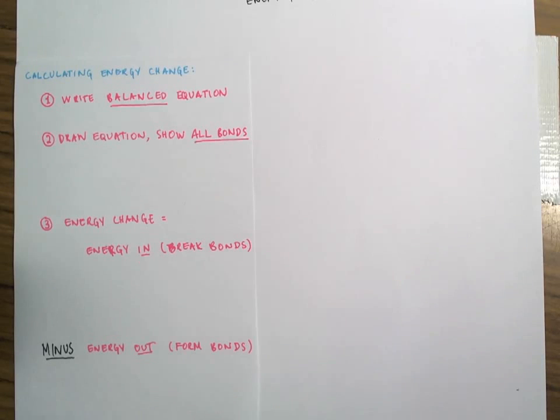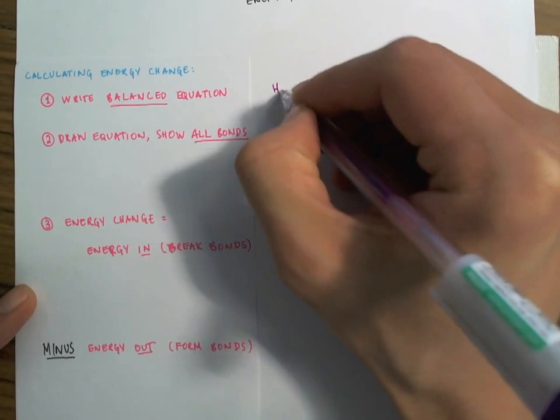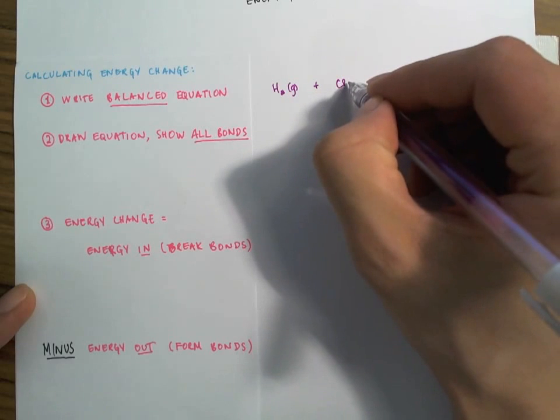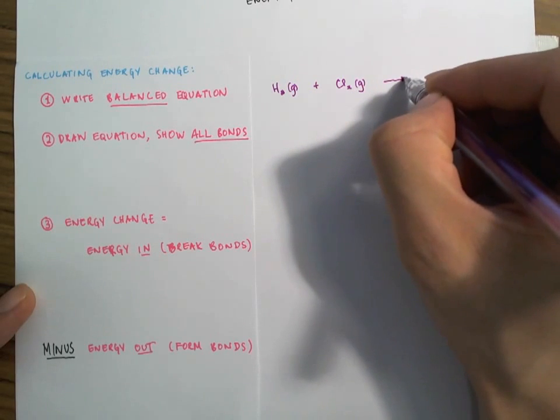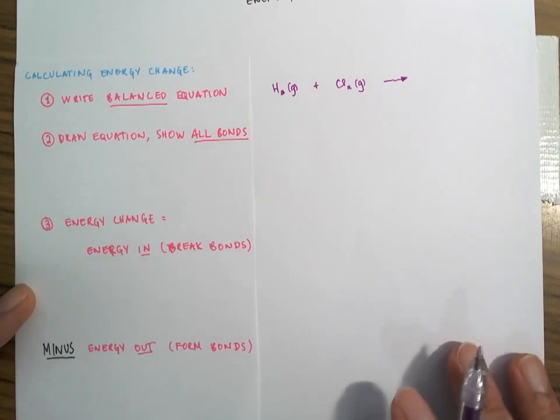So to start off, let's look at an example that we've already looked at in the previous 2 videos, which is the formation of hydrogen chloride from hydrogen and chlorine. So I will take hydrogen gas and react it with chlorine gas, and remember hydrogen and chlorine always exist as diatomic molecules. They can't exist singly, they're not stable that way.